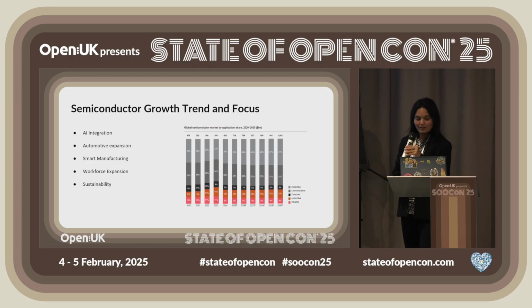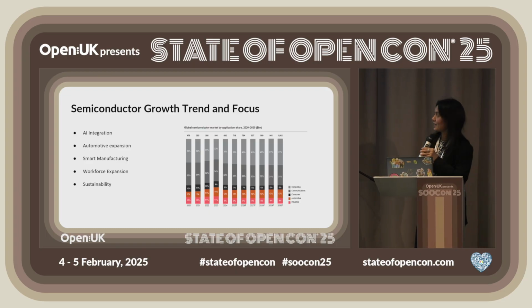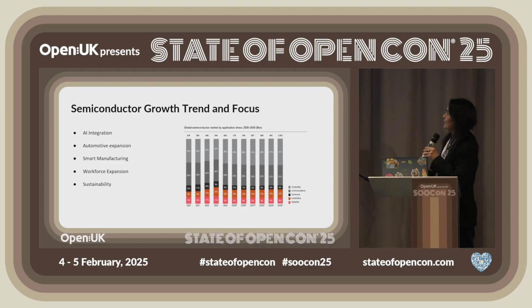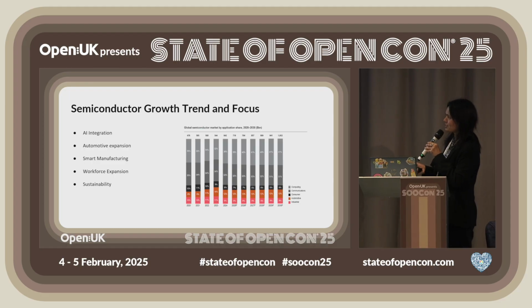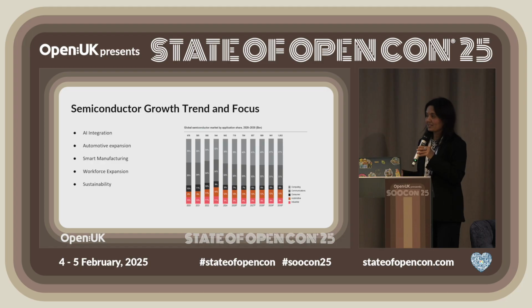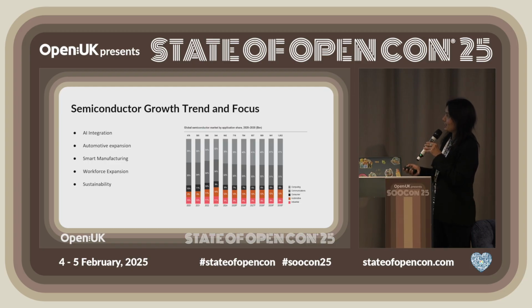All right. So let's look at the landscape of the semiconductor industry. This is a prediction from one of your market analysts, where in 2025 we are looking at somewhere around 719 billion, and it is expected to reach 1 trillion by 2030.